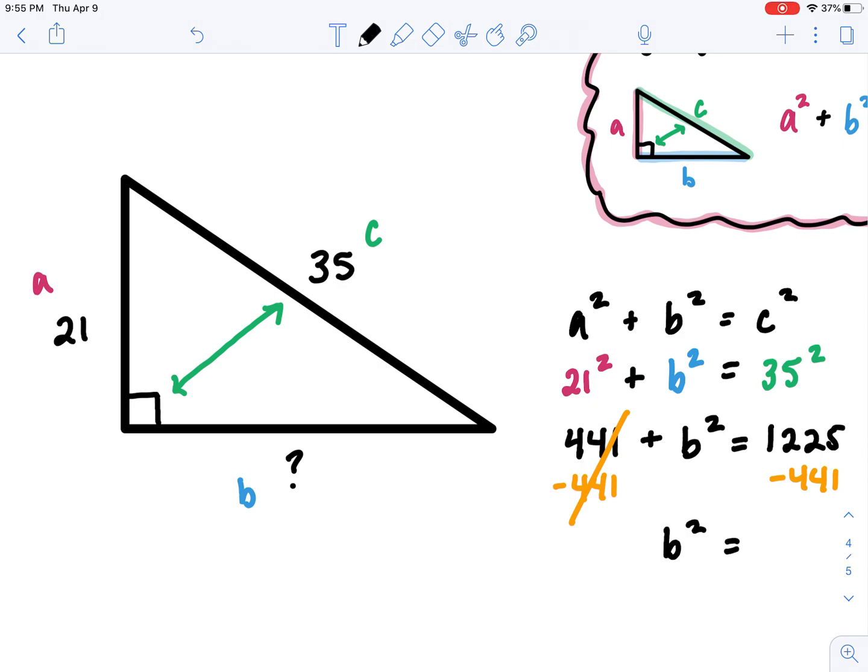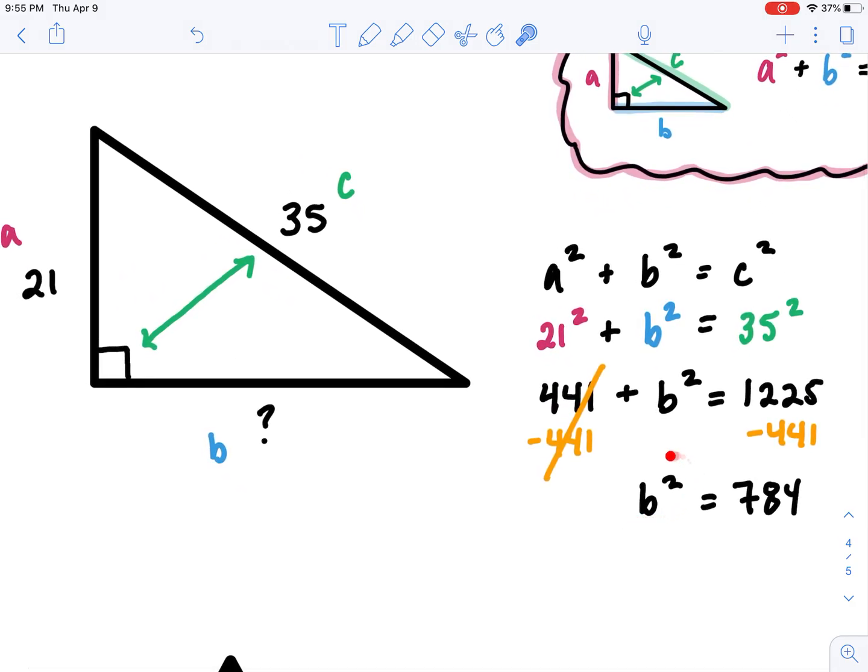And then on the right side, I have 1,225 subtract 441, and that gives me 784. Okay, so we're making progress.